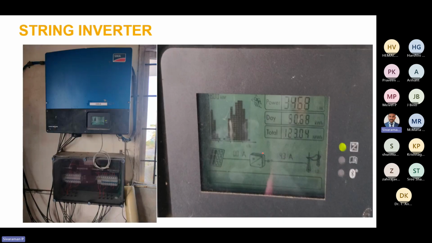This is a string inverter of SMA make, and this is the display. I hope you remember that this is the 20 kilowatt inverter. In the last session itself, I told you that solar inverter ratings are in kVA only, not in kilowatt. If someone says it is in kilowatt rating, it means it is operating at unity power factor. You should always remember this.